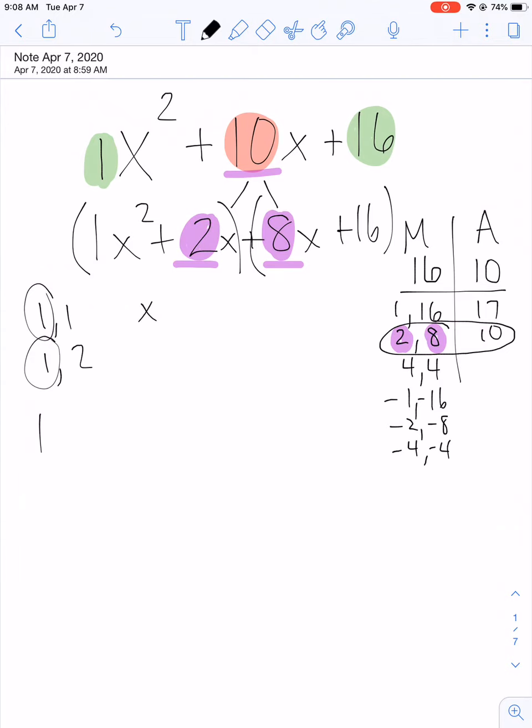Then we've got x squared, which is x times x, and x. So what's the biggest number of x's you can take out? 1. So we've got 1x on the outside. Now to see what's left over, I've got 1x and positive 2.